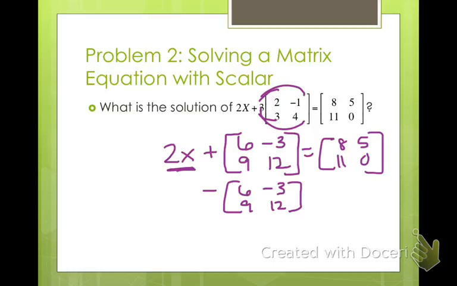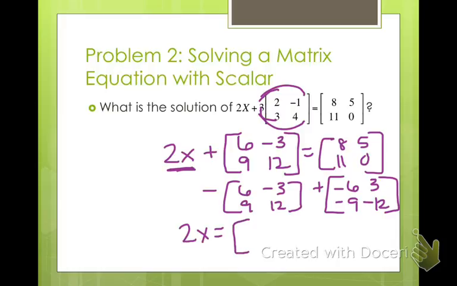So what we're actually doing is adding negative 6, positive 3, negative 9, negative 12 to the other side. So we get 2x equals 8 minus 6 is 2, 5 plus 3 is 8, 11 minus 9 is 2, 0 minus 12 is negative 12.